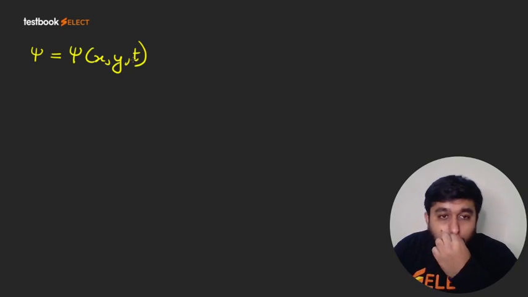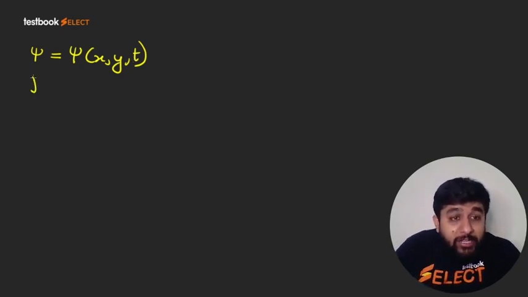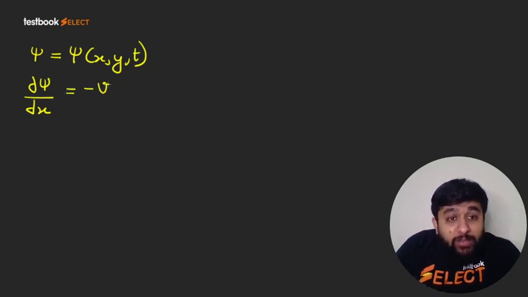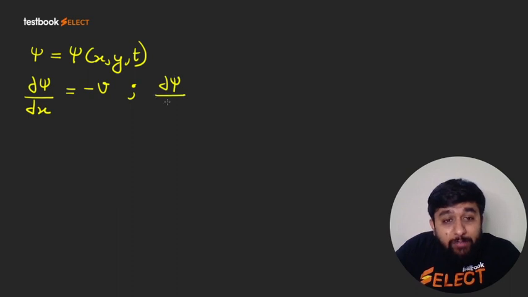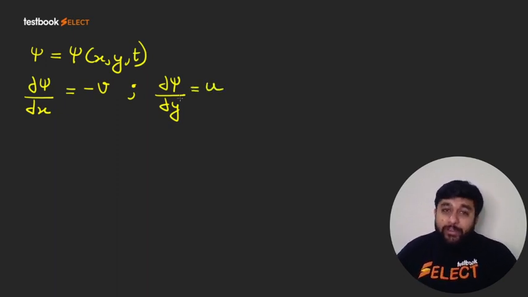Obviously we are talking about the Eulerian approach, and it is defined in such a manner that if we take the partial derivative of the stream function with respect to x, we get the negative of the y component of velocity. And if you take the partial derivative of the same scalar function with respect to y, you get the positive of the x component of velocity. This is how you define it.